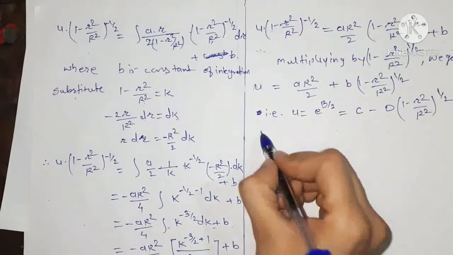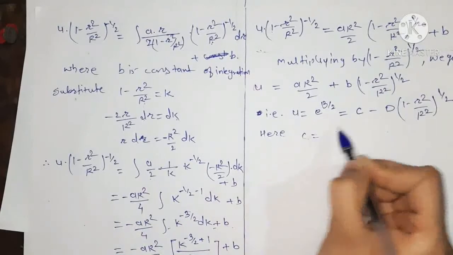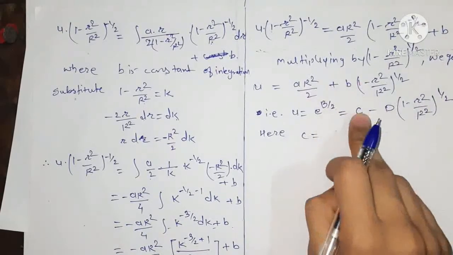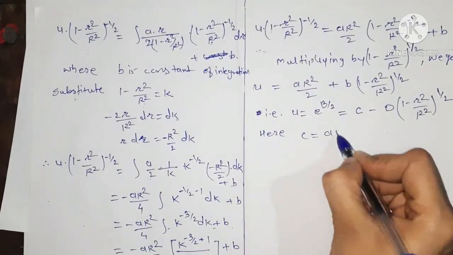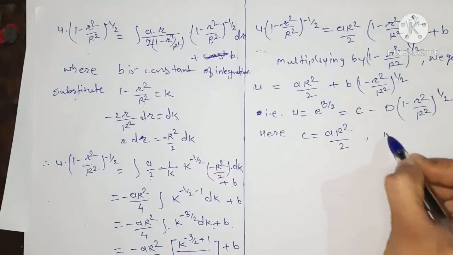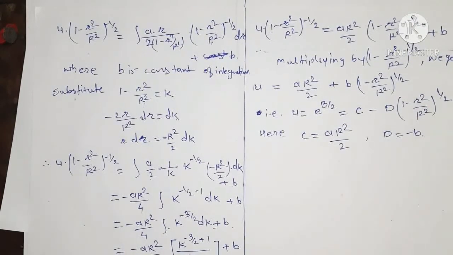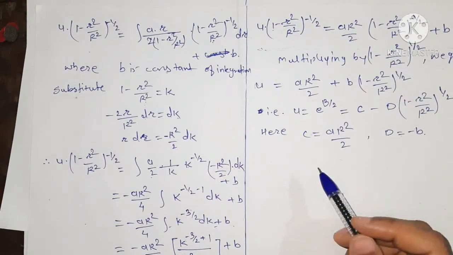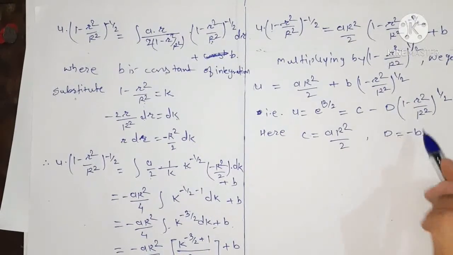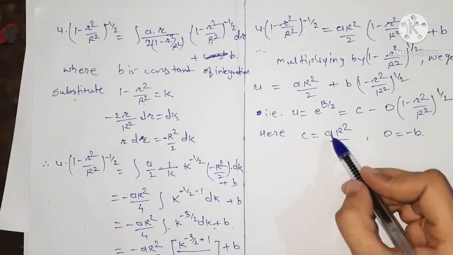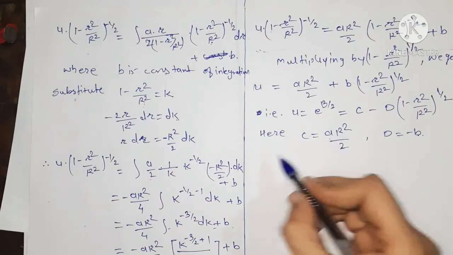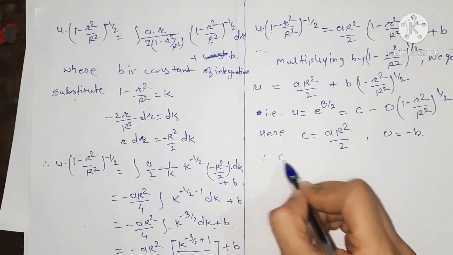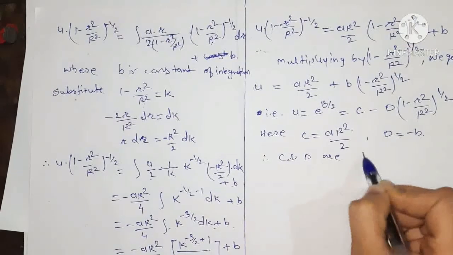Comparing these two equations, we get c equals ar square upon 2 and d equals minus b. Since b is constant and ar square upon 2 is constant, therefore c and d are constants.